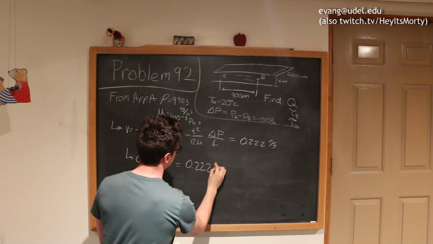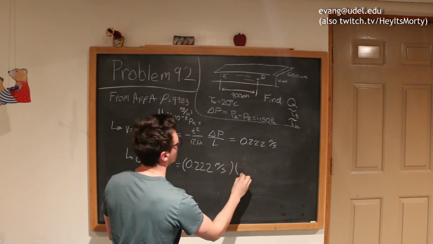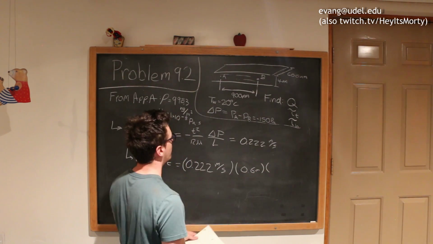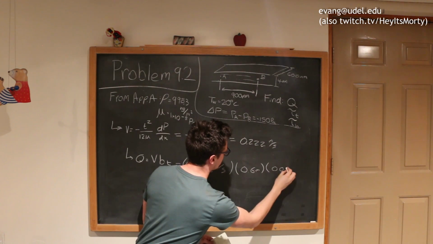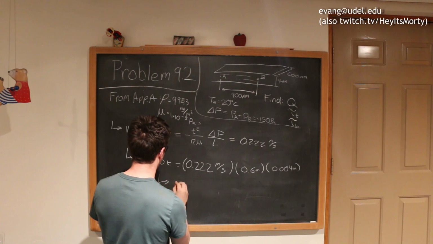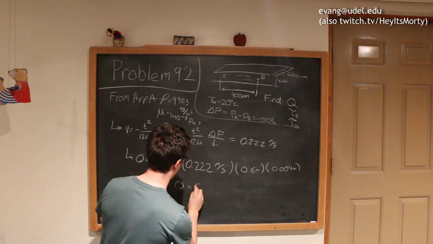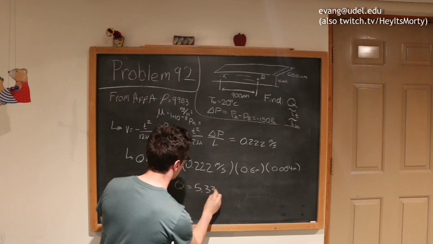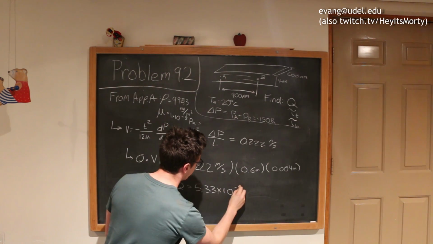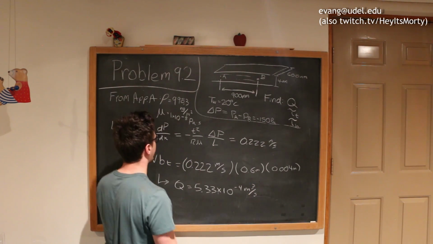Plug in those values, and you get a final flow rate of 5.33 times 10 to the negative 4 meters cubed per second.